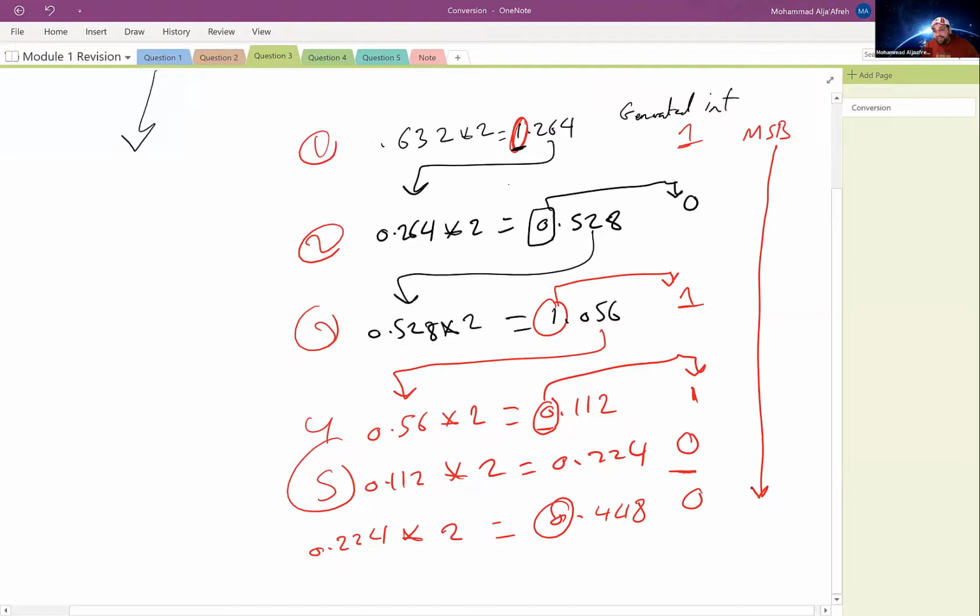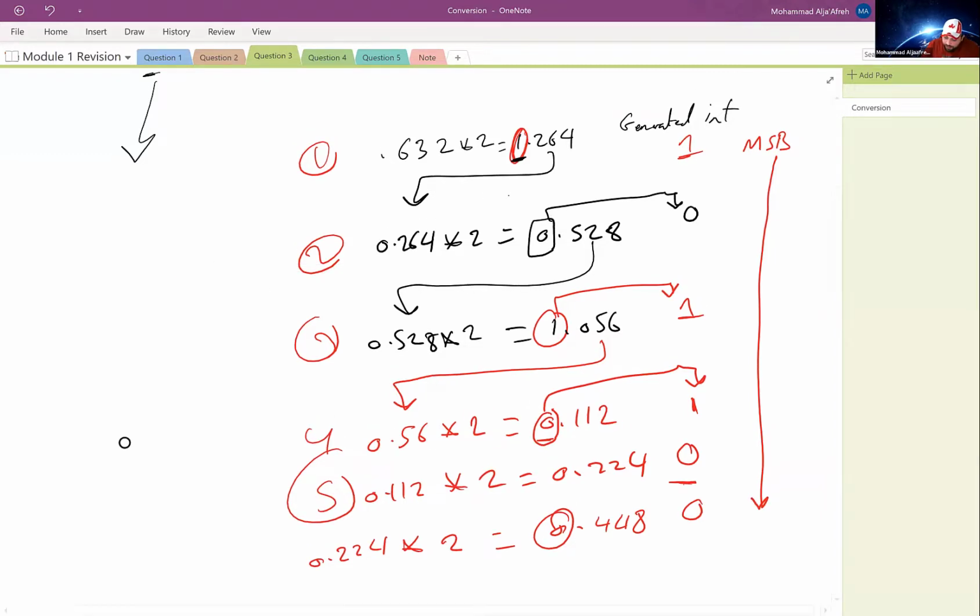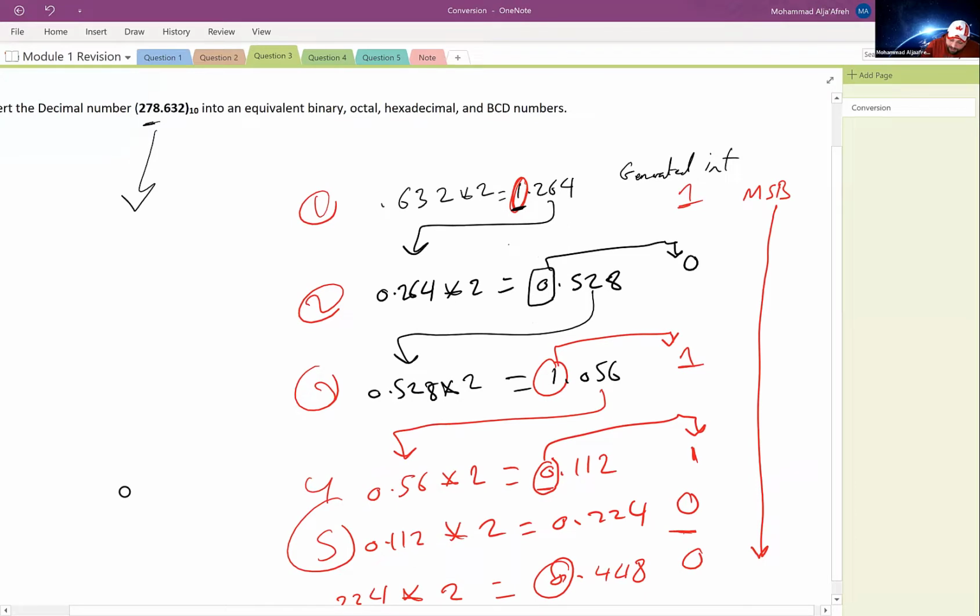Given that I have an accuracy of 6 steps at the fractional part, my fractional part, which is equal to 0.632, is equal to, starting by this one, 1, 0, 1, 1, 0, 0, with a radix point, in base 2.